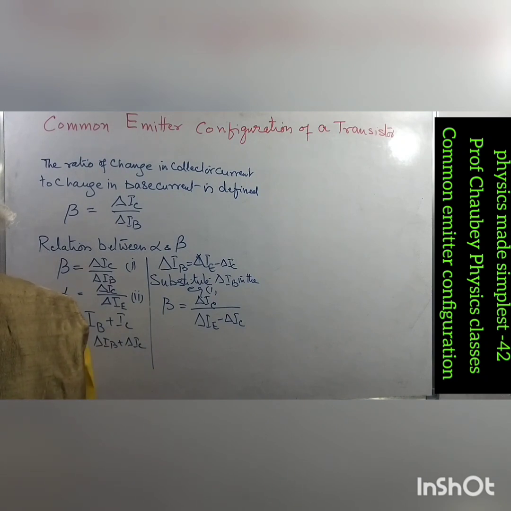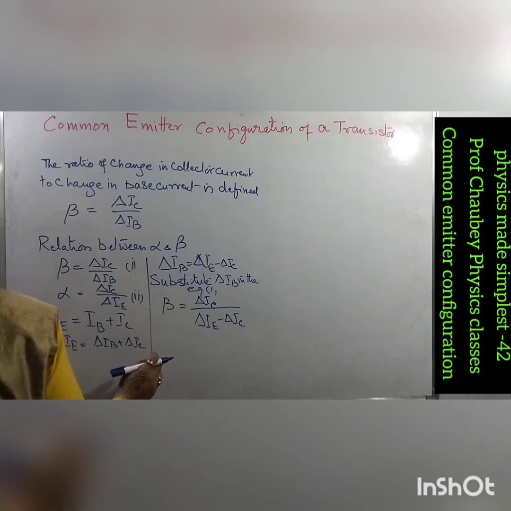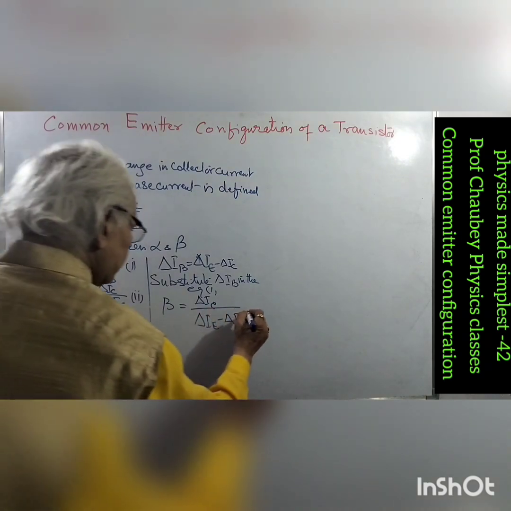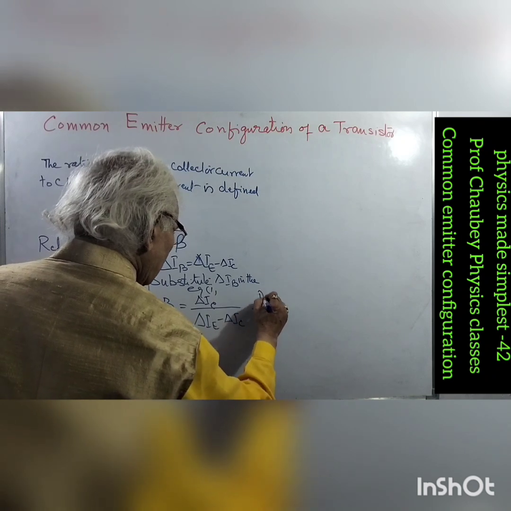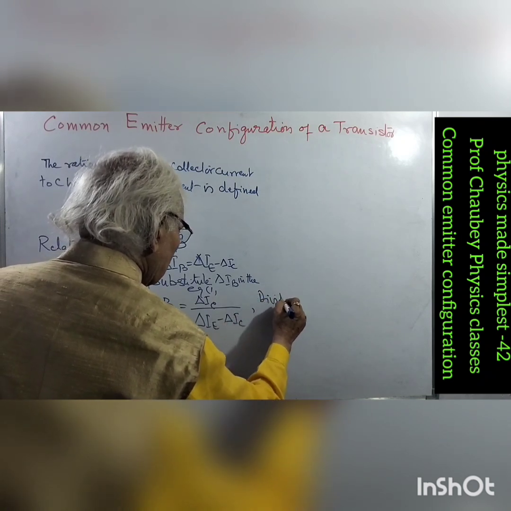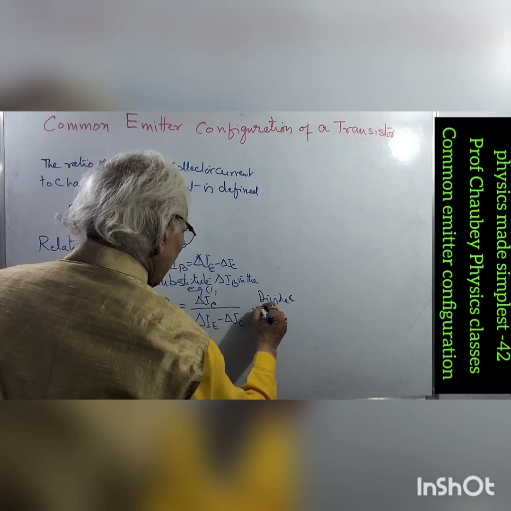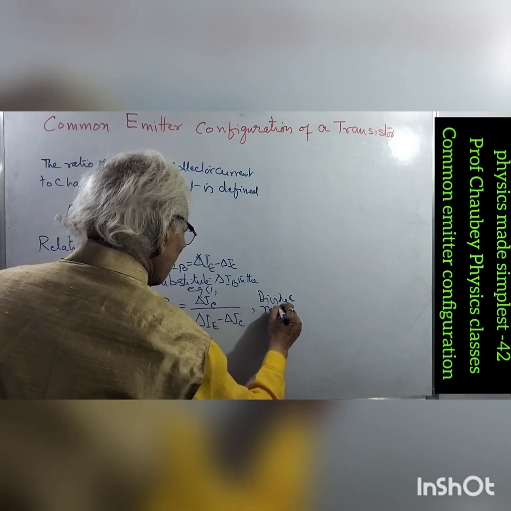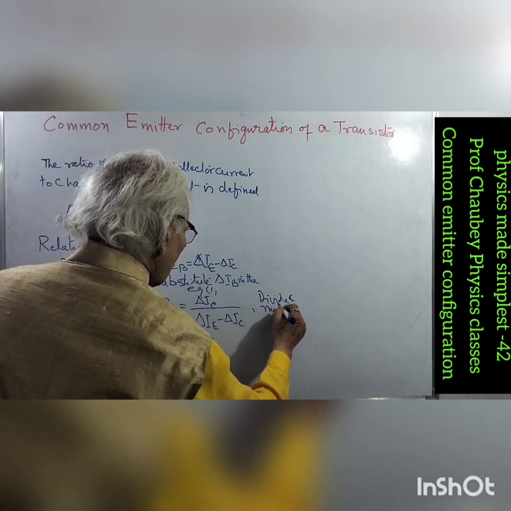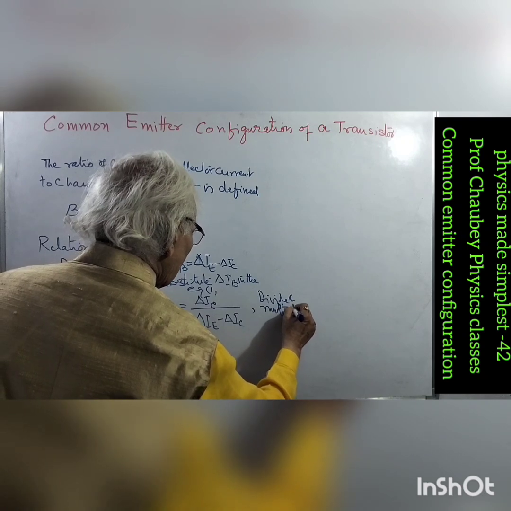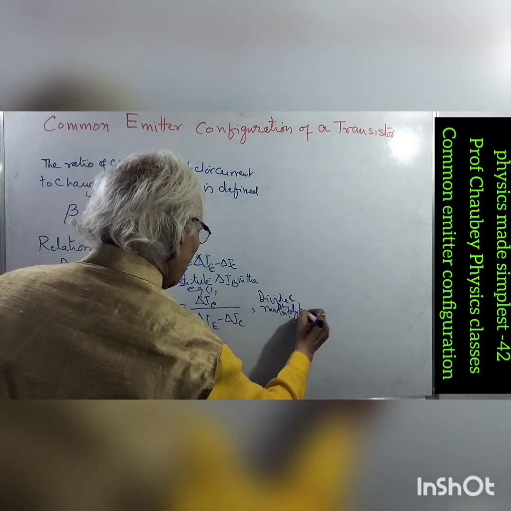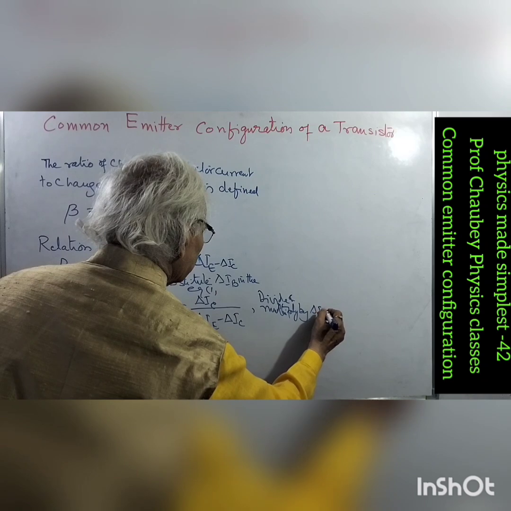Now, dividing the numerator and denominator of the right hand side by delta IE, we divide and multiply by delta IE.